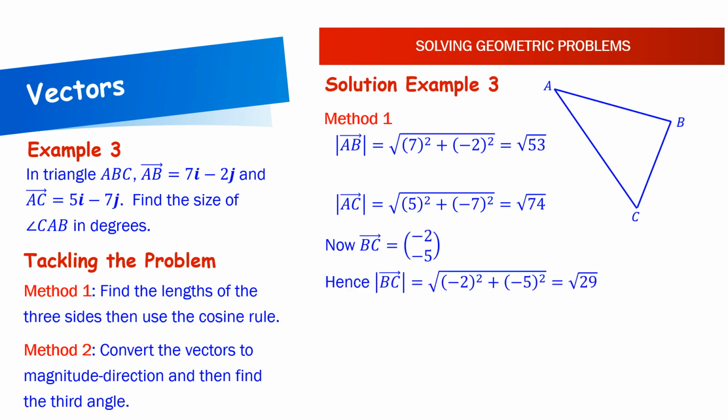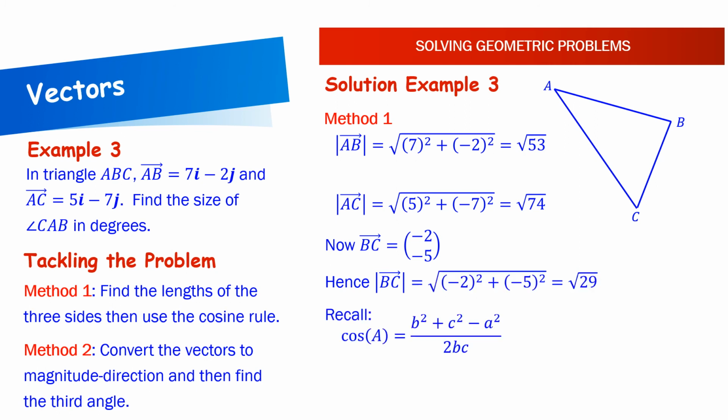And therefore, again using Pythagoras, we have that the length of BC is equal to the square root of minus 2 squared plus minus 5 squared, which equals the square root of 29.